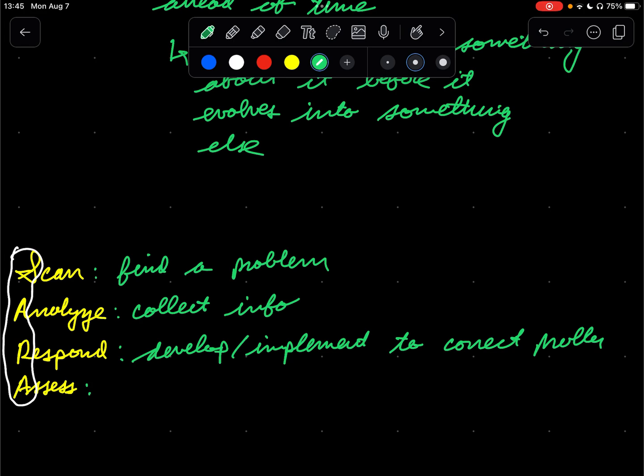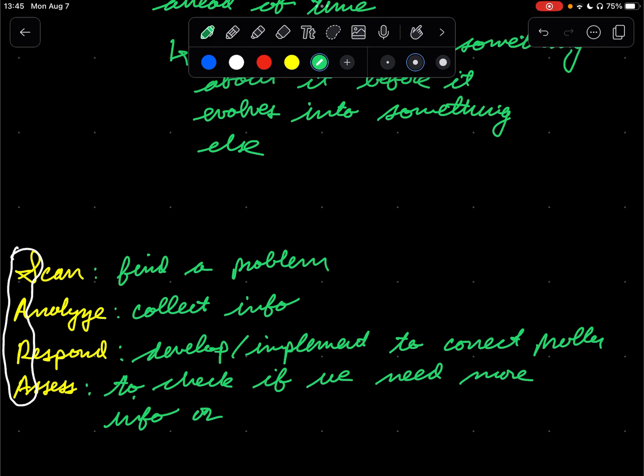And then we assess, to check if we need more information, and to see if our approach worked.